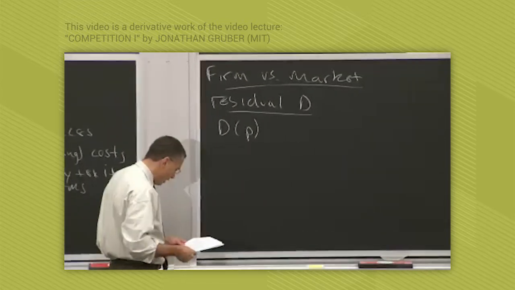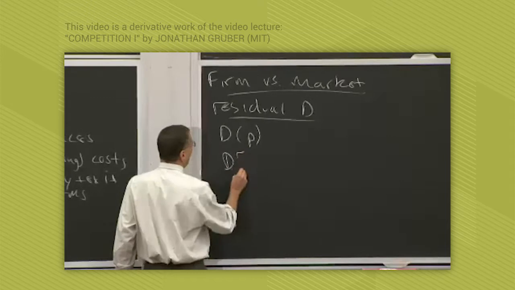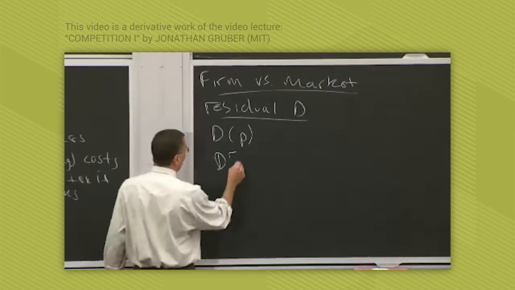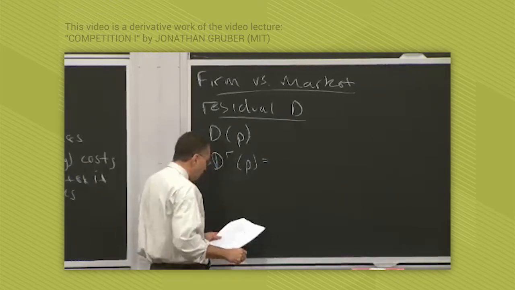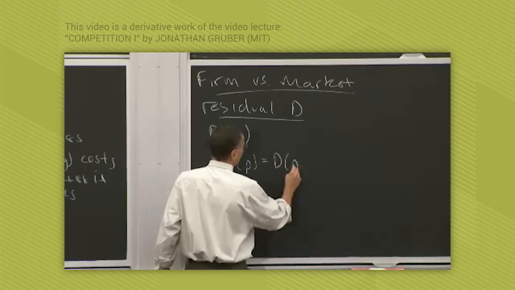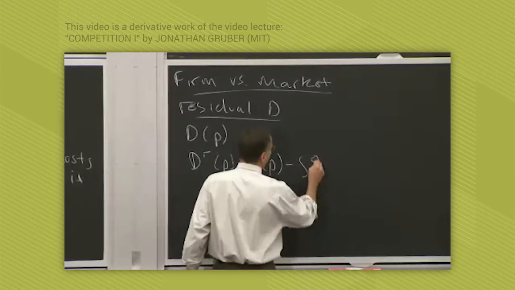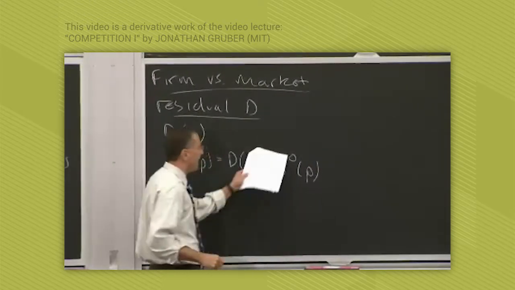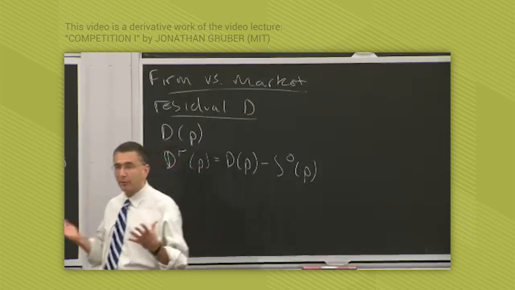Now, the demand function for a given firm, we'll call the residual demand, D^R of P, is equal to the demand for the market minus the supply that all other firms in the market provide, S^0 of P.